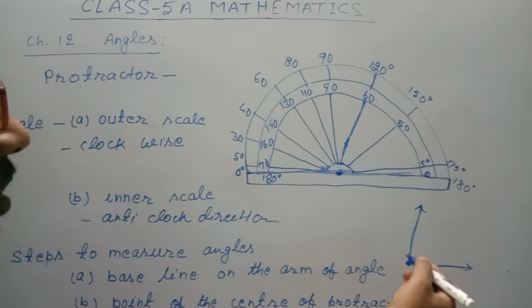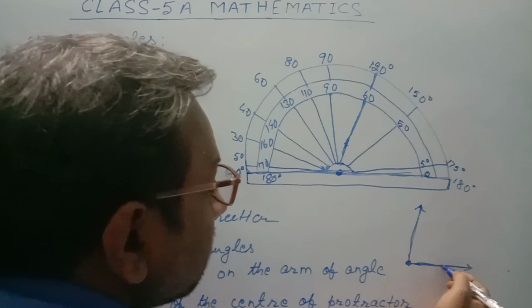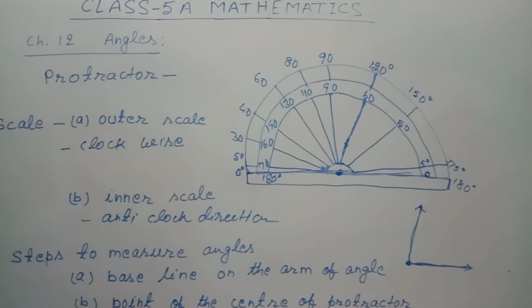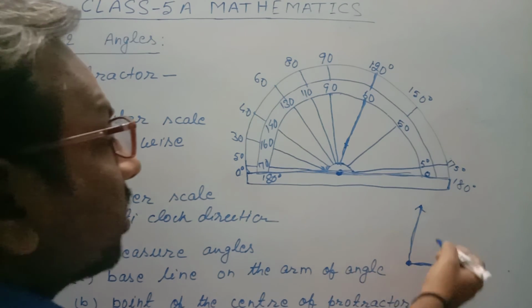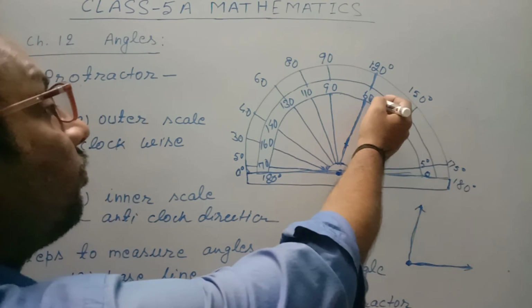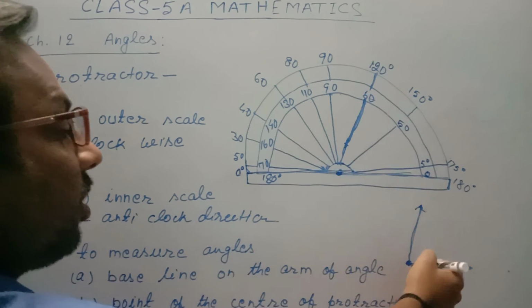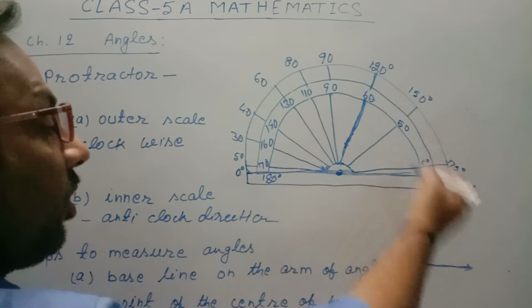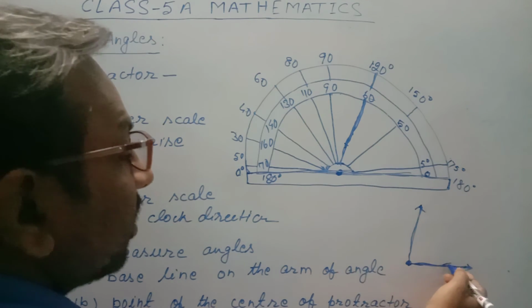To avoid this confusion, see here: as this ray is produced towards the right hand, you will use the inner scale, this one. Suppose this ray is passing through this scale, and you are using the inner scale because the baseline is extended towards the right hand.